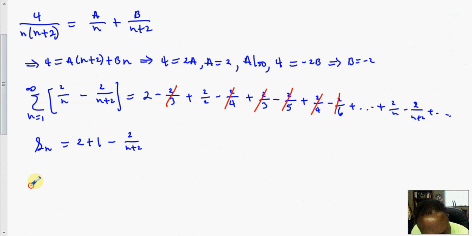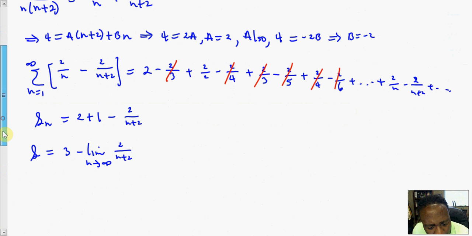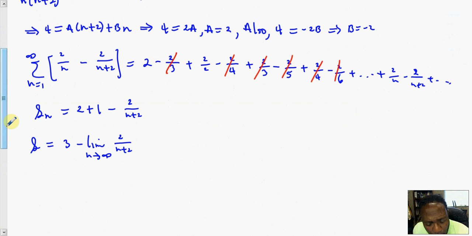So here, s is equal to 3 minus the limit as n goes to infinity of 2 over n plus 2. Okay. Well, what's the limit as n goes to infinity of 2 over n plus 2?